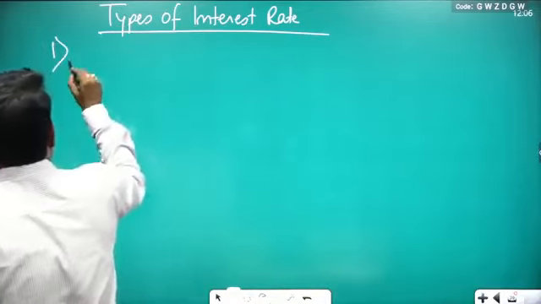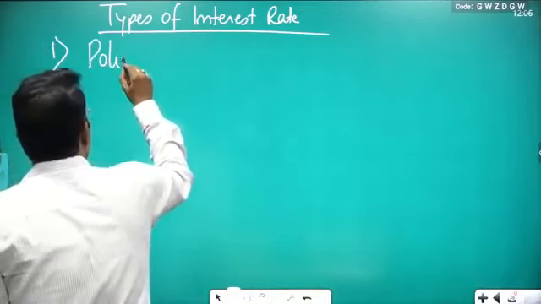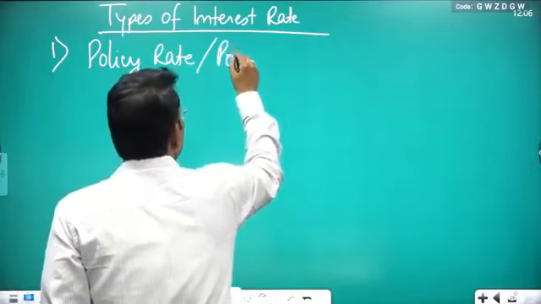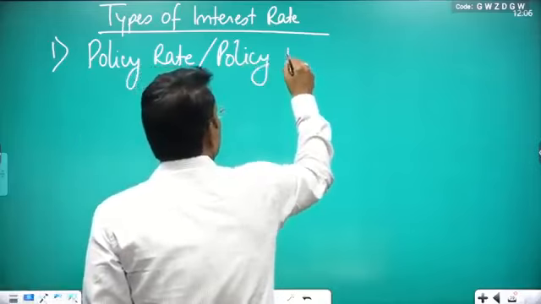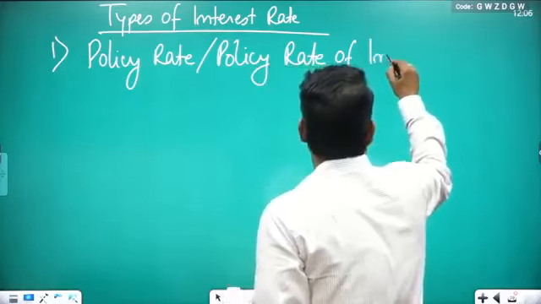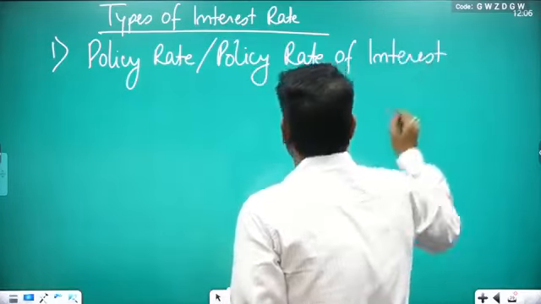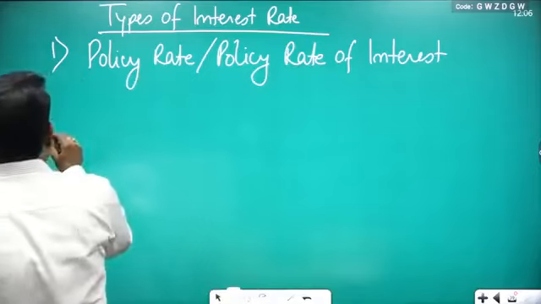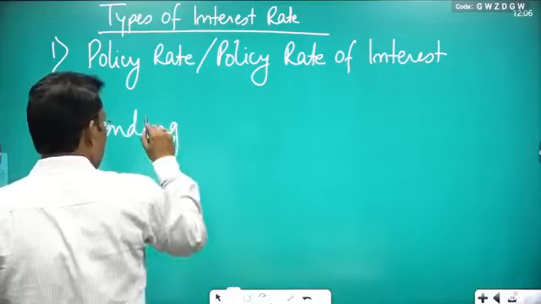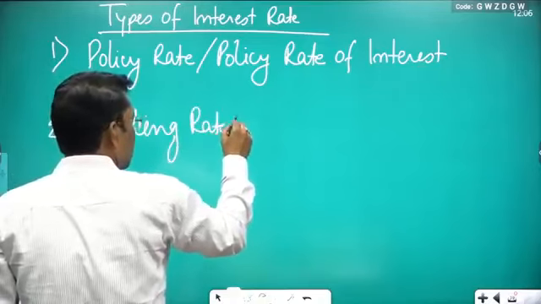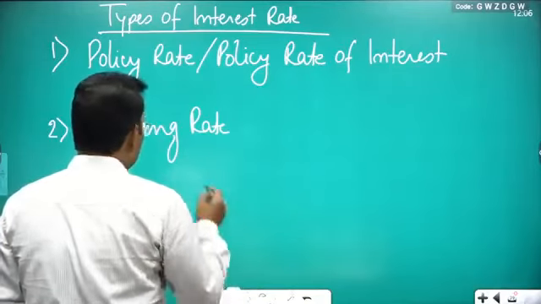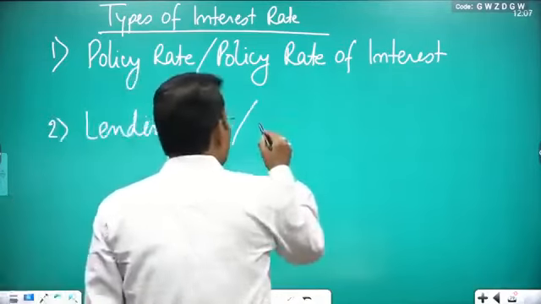So one, you are saying policy rate, or you can just say policy rate of interest. Second one, you can say lending rate, or you can say rate of interest. Lending rate, or you can say market rate of interest.